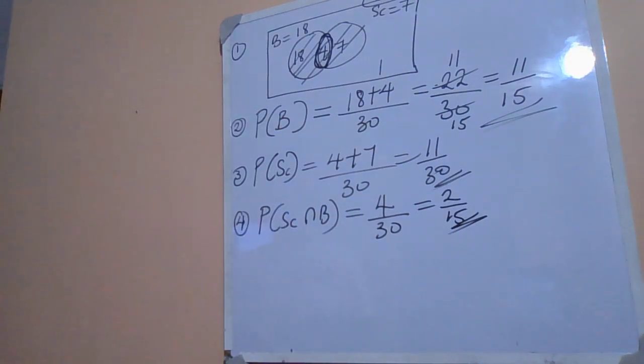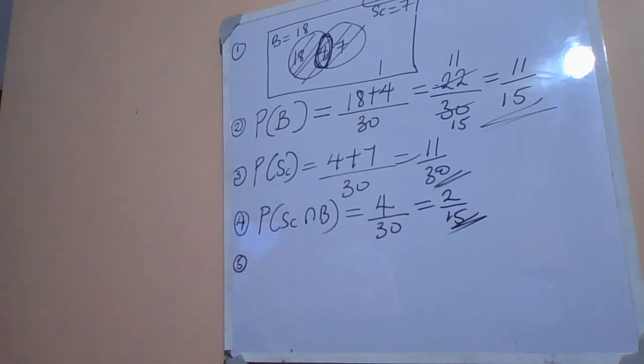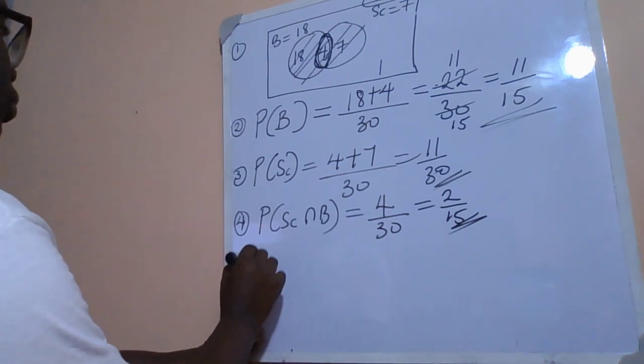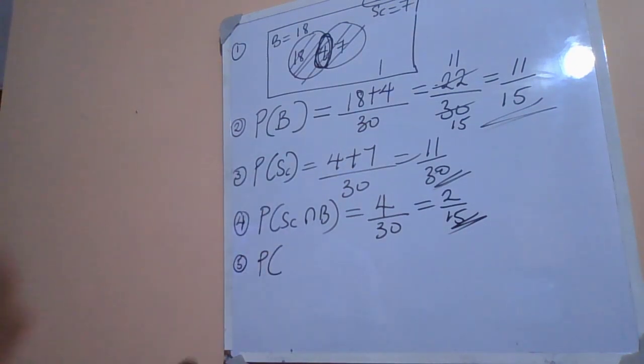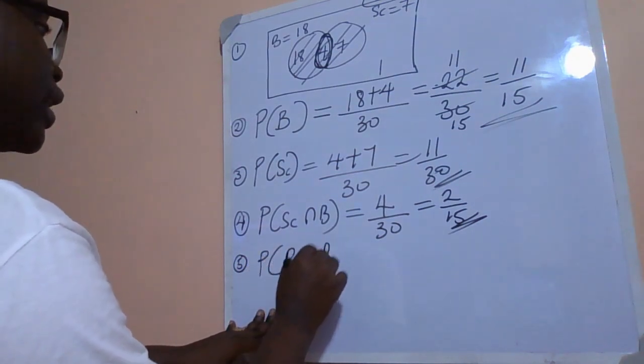All right, good. So the fifth question says we should determine the probability that a learner selected at random takes either biology or science. So which means that we are going to present it thus. Probability of either biology or science. So we have biology union science.